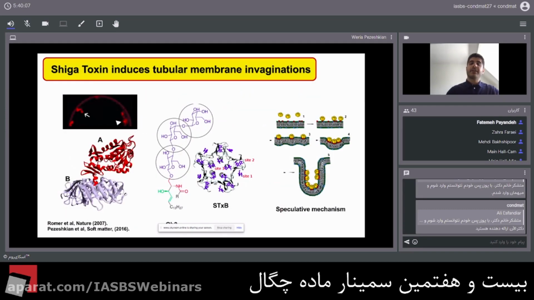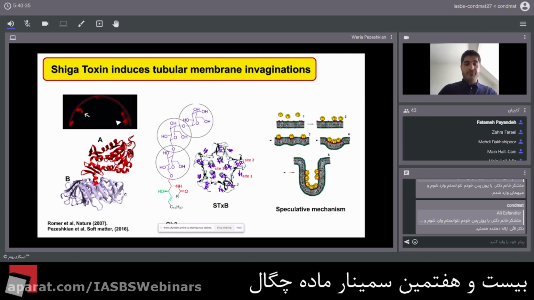Okay, this is one of the examples where I use this multi-scale simulation to investigate how Shiga toxin induces tubular membrane invagination. This is a very important process, first of all to understand disease, because this protein is a bacterial toxin. It causes diarrhea, and the way it enters the cell is very interesting.